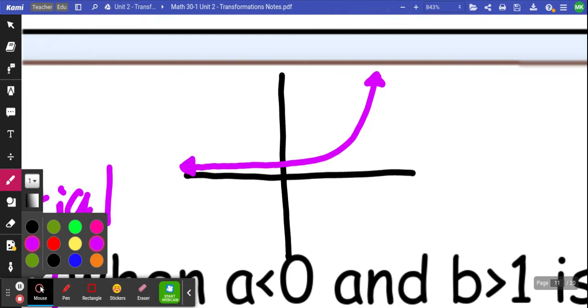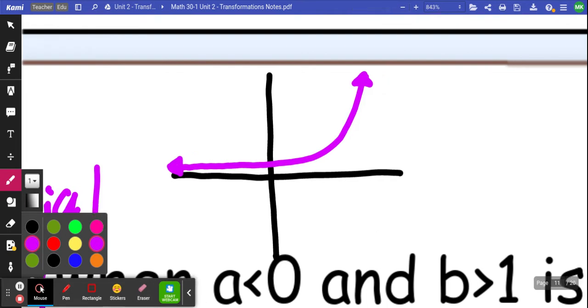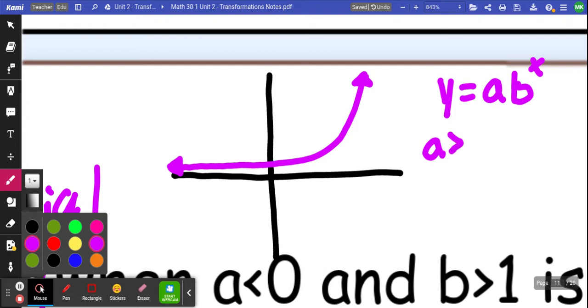Beautiful. That, like mother function, would represent y equals a b to the power x, where a is greater than 0 and b is growing, b is greater than 1. That's our basic function.